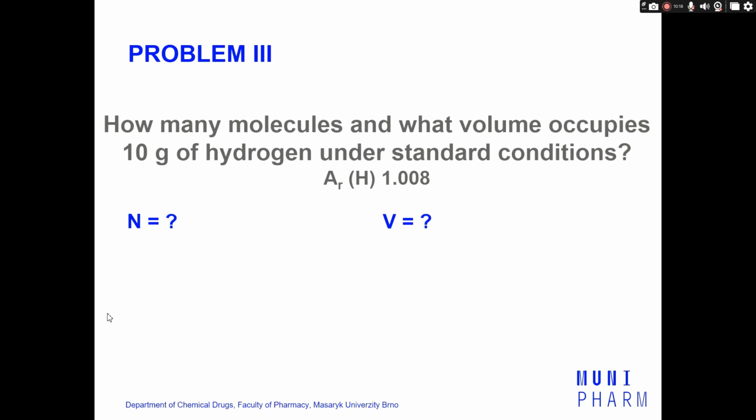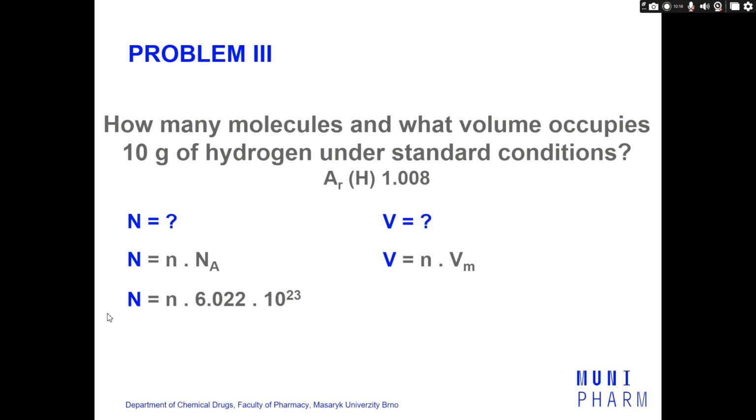We know that we can calculate the number of molecules using the amount of the substance and the Avogadro constant. We know the value of the Avogadro constant. It is a constant, but we don't know the amount of the substance. It is also unknown for us. So let's look at the volume. We want to calculate the volume of a gas.